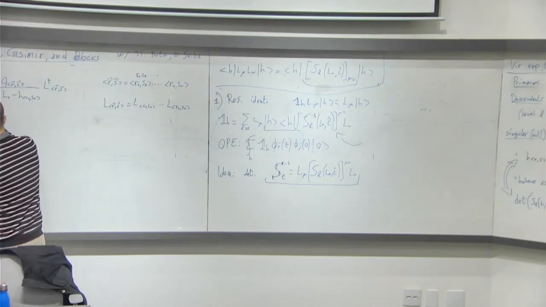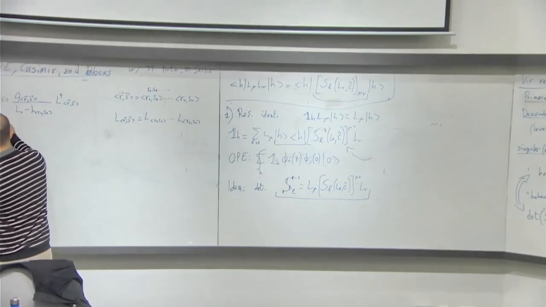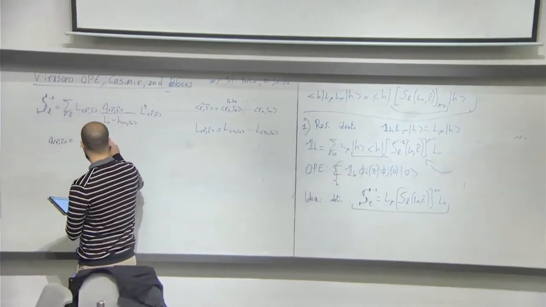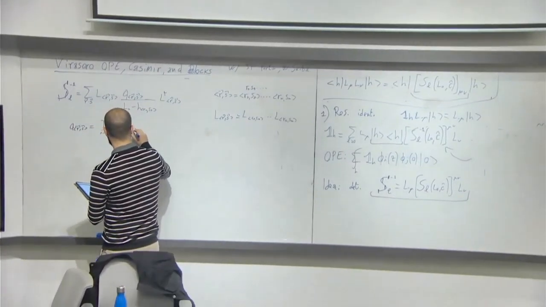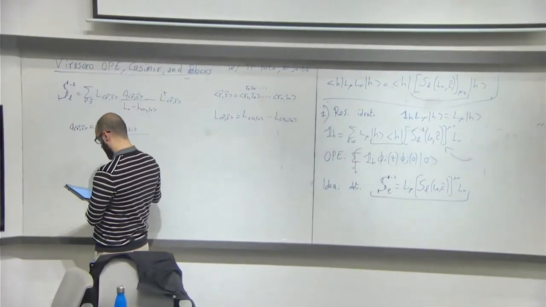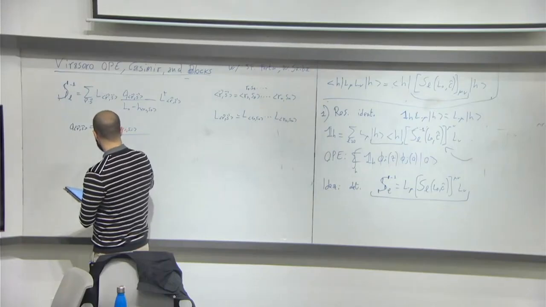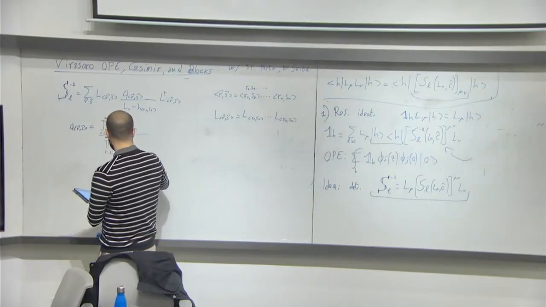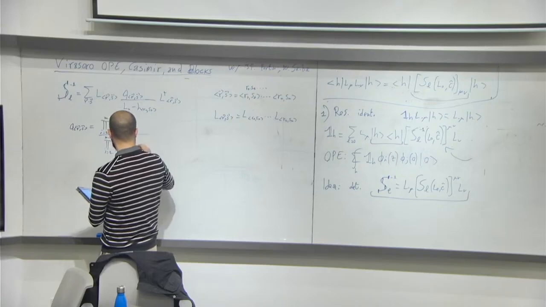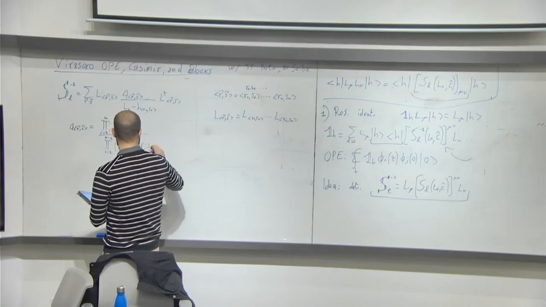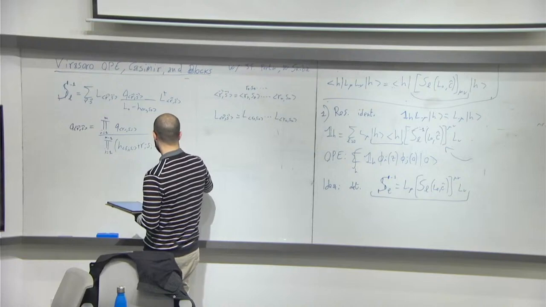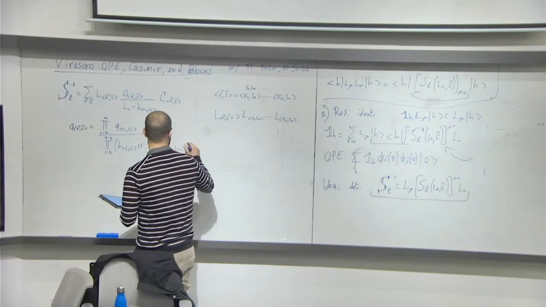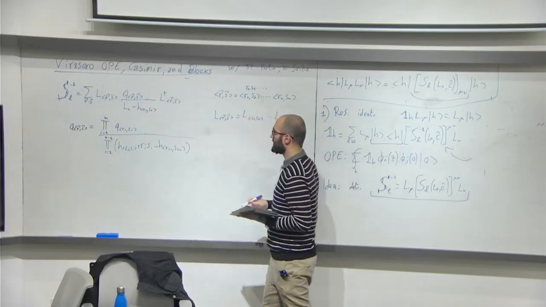Like these are products from i equal to 1 to m of Q R_i S_i over the product from j equal to 1 to m minus 1 of h r_j s_j plus r_j s_j minus h r_{j+1} s_{j+1}. There are some expressions that are lengthy, so they take some time.